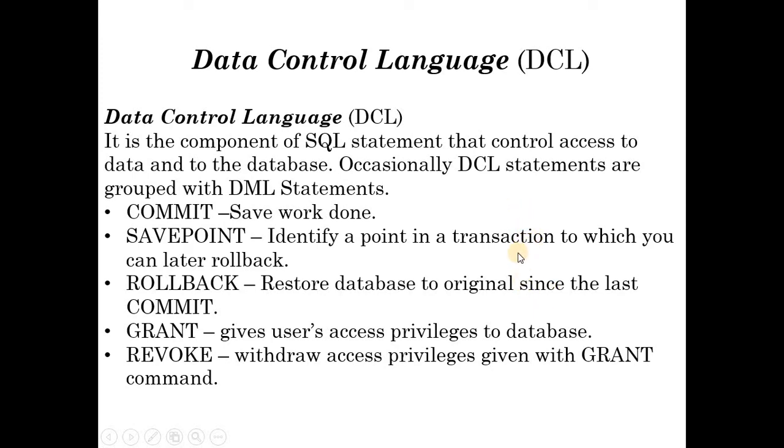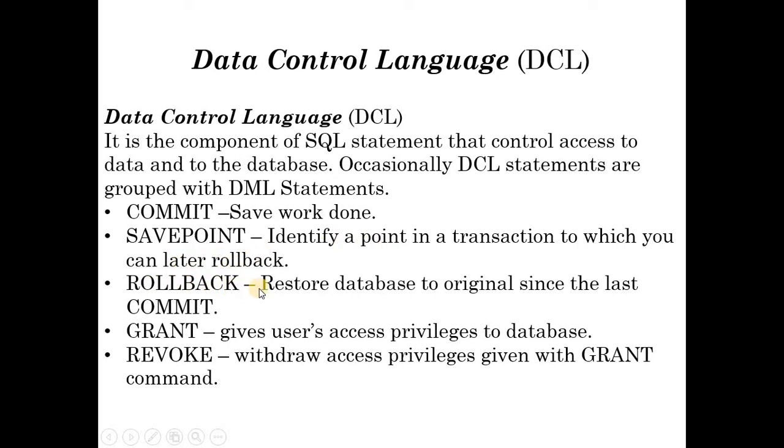If you go on to the 8th transaction, and because of something you have done the 6th, 7th and 8th transactions wrongly, then you want to move back to the state of the DB as it was at the 5th statement being executed. Then you can roll back your execution to the 5th statement, right? So you can roll back to the savepoint. That's why the savepoint will identify a point in the transaction to which you can roll back later.